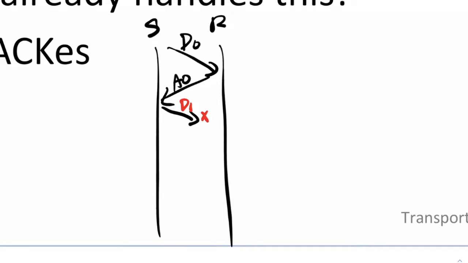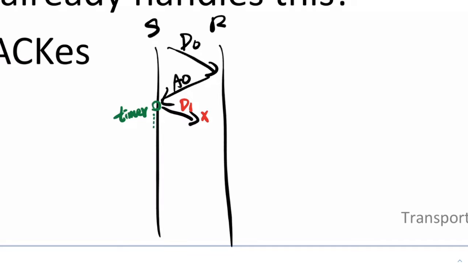So in RDT 3.0, when the sender sends the packet out, it should set a timer right here.